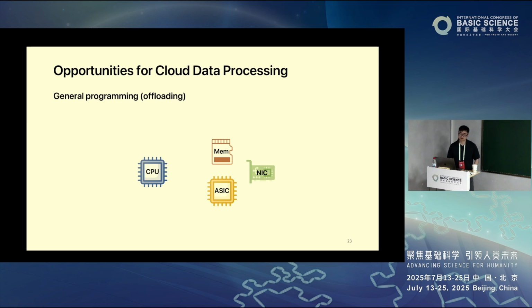With this CPU, you can write any program to compose the hardware resources on the DPU for your customized application logic. That's why a DPU can support offloading from different types of applications.